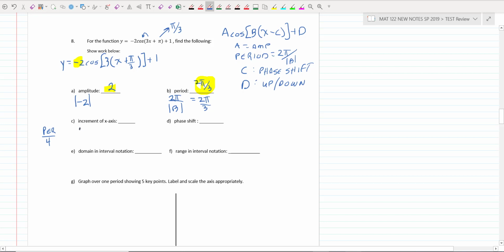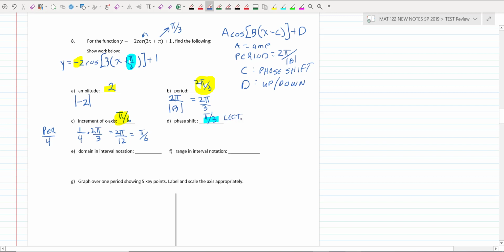So I'm going to just do 1/4 times 2 pi over 3. Okay, so what you would have there is that would be 2 pi over 12, which would reduce to pi over 6. So you're going to increment this x-axis by pi over 6. Okay, and then your phase shift is this number, the pi over 3, and since it's a plus, that means you're going to the left, so that would be a pi over 3 to the left.